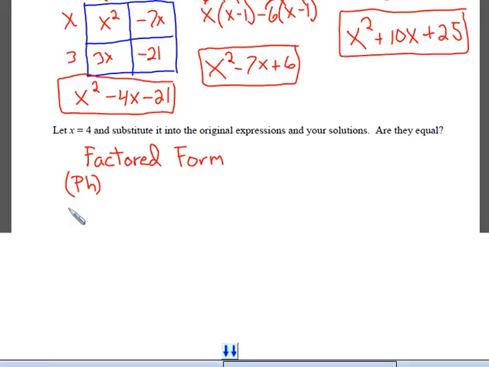So the first equation we had was x plus 3 and x minus 7. I'm sorry, not equation. The first pair of binomials, or the first expression.